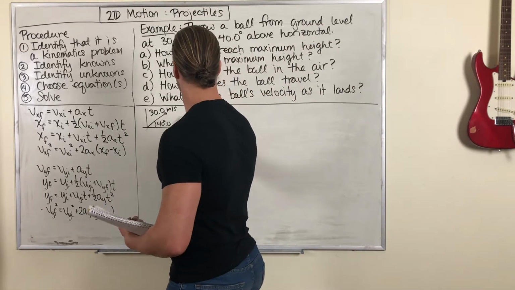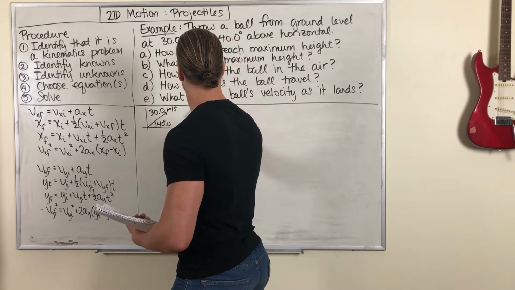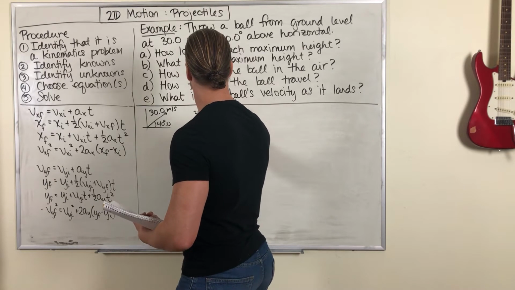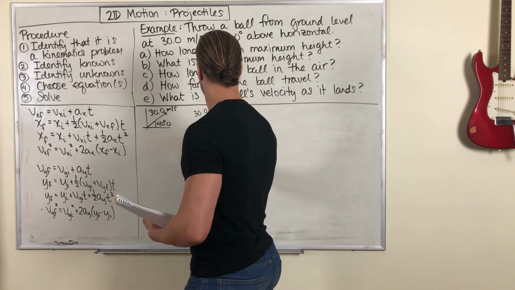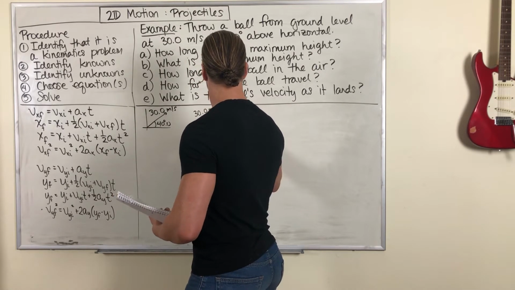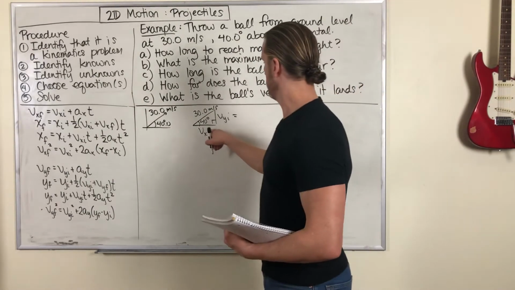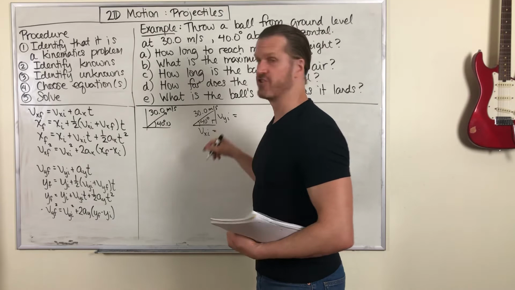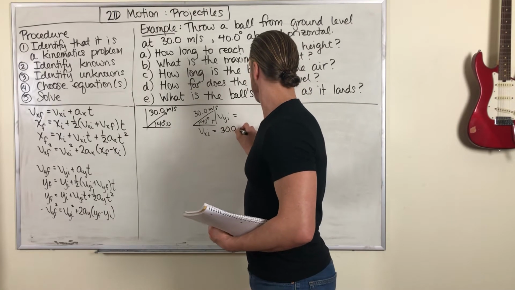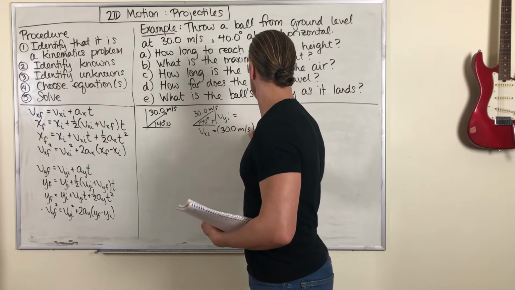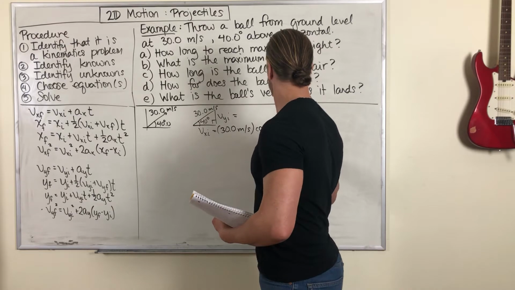In component form, we use our trigonometry skills. That x component is adjacent to the angle, so it gets cosine. 30 meters per second, cosine 40 degrees.